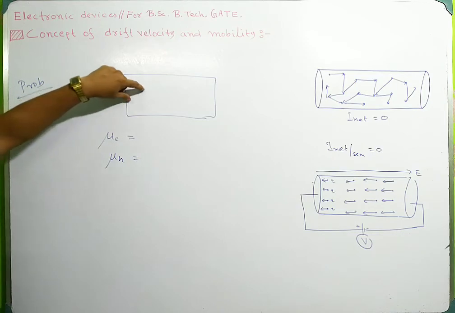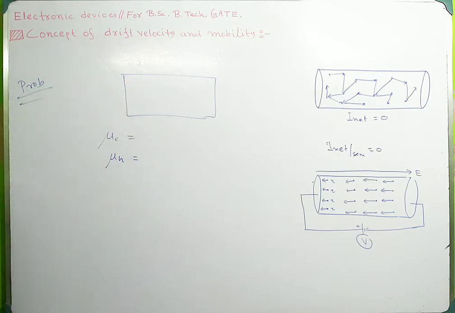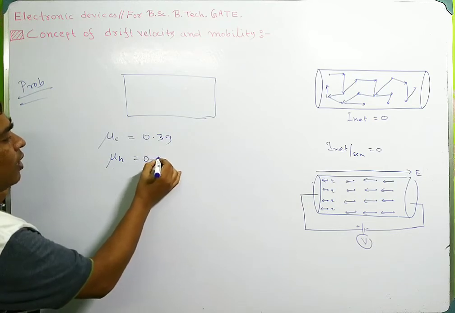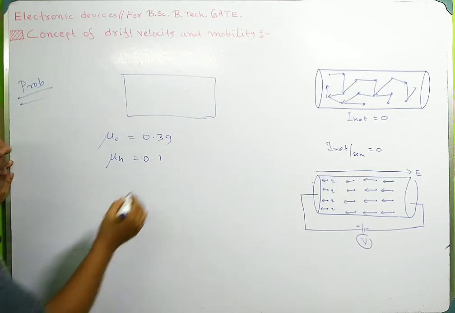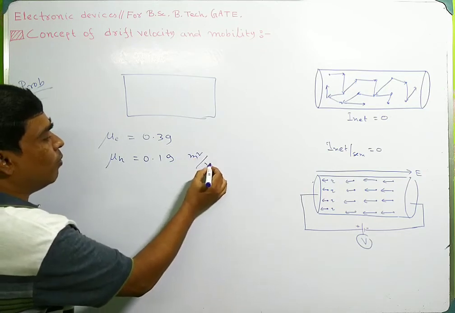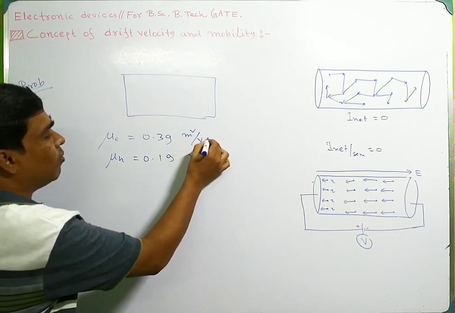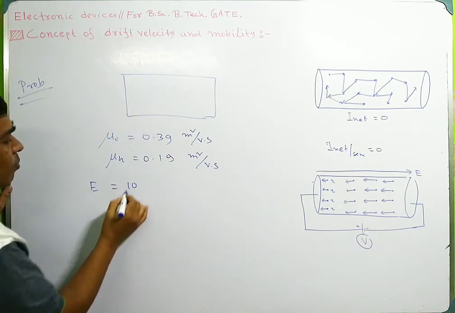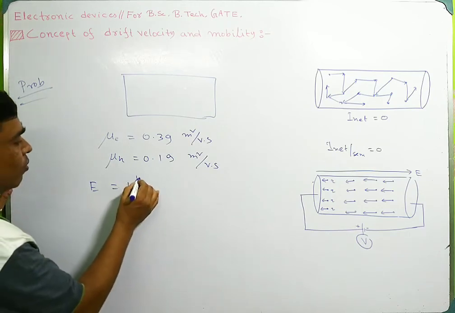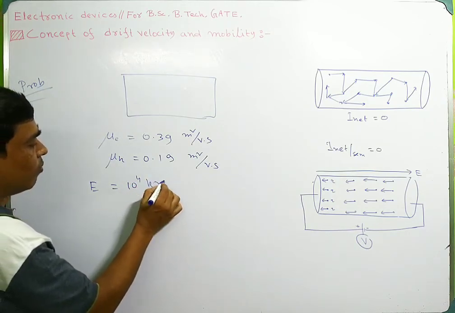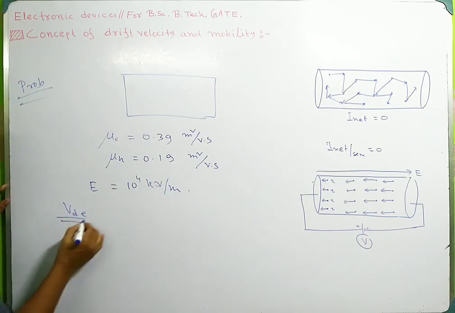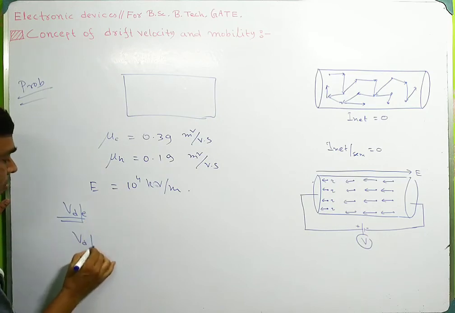The mobility of electrons and mobility of holes are given as 0.39 and 0.19 meter square per volt second. If I apply an electric field of 10 to the power 4 kilovolt per meter, then what will be the drift velocity of electrons and drift velocity of holes?